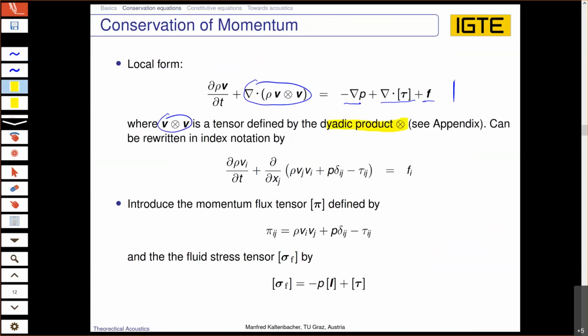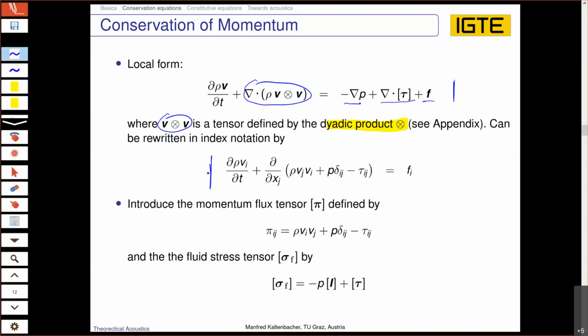And I think that is really easier to be written in index notation, which you can find here on this line.